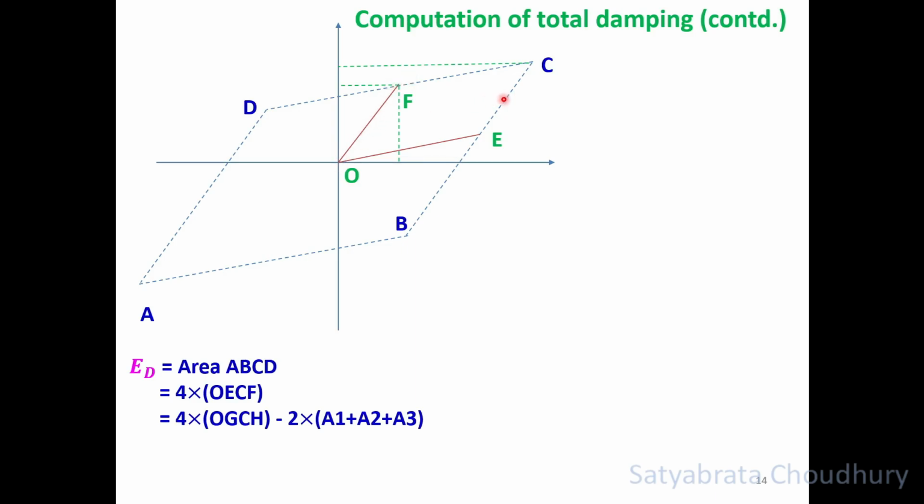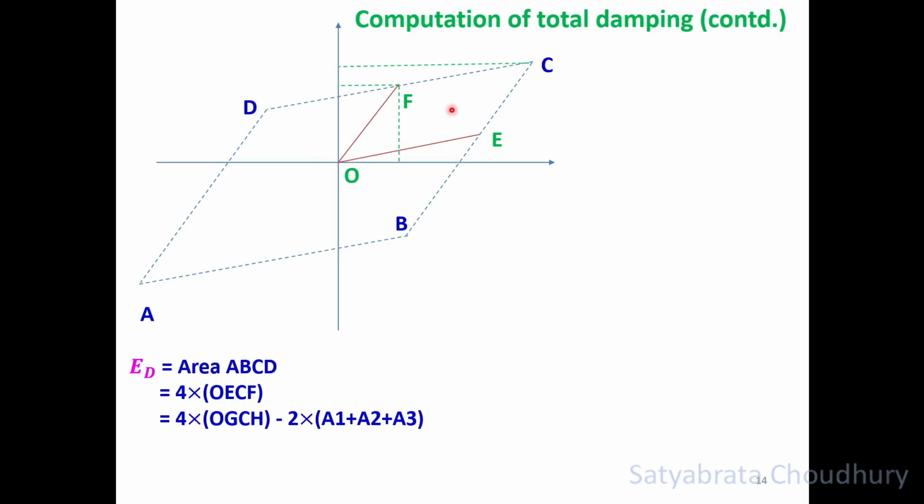So this dotted line is parallel to this, and these lines are parallel. So we get this parallelogram OECF. If we get the area of OECF and multiply it by 4 times, we get the area of the bigger diagram ABCD.